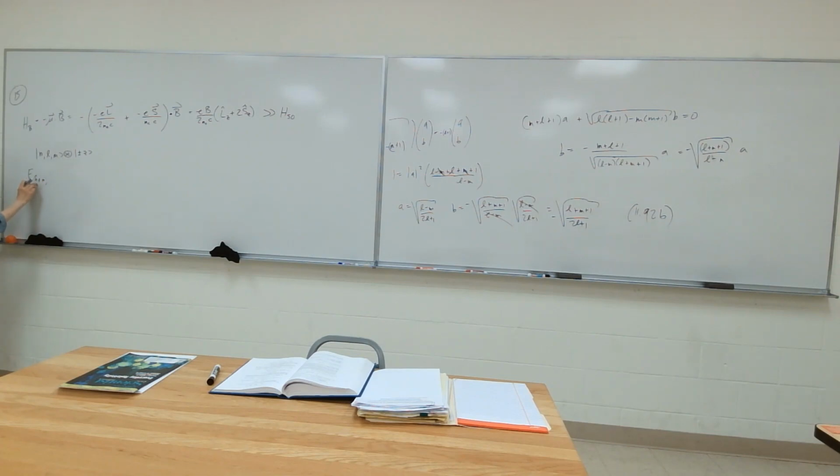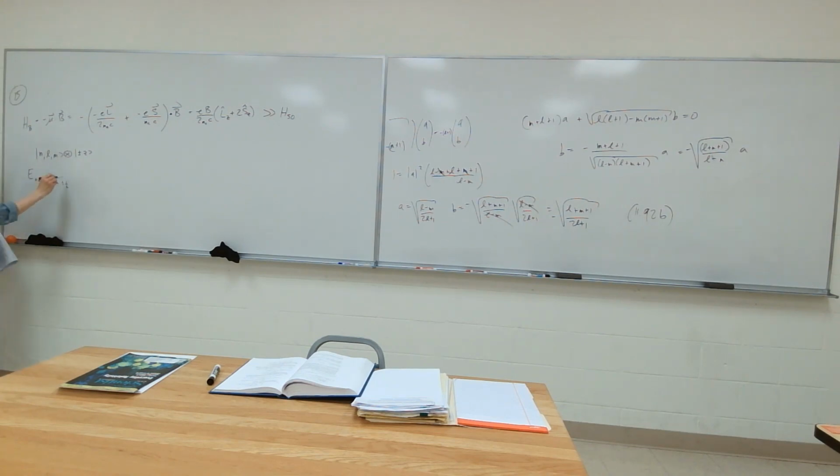But in addition to n, l, and m for the electron part, the regular hydrogen atom part, we also have m sub s, I guess I should call it. m sub s equals plus or minus a half. So the spin part can either be plus or minus.